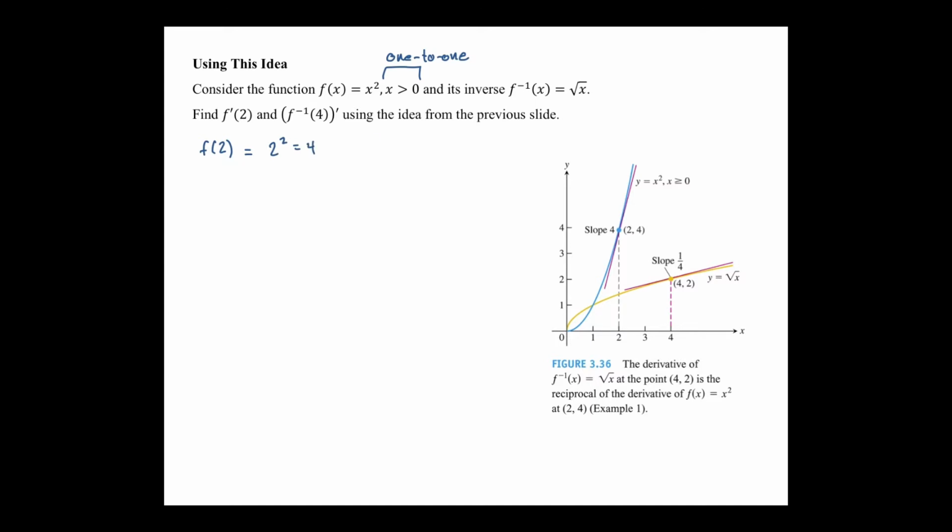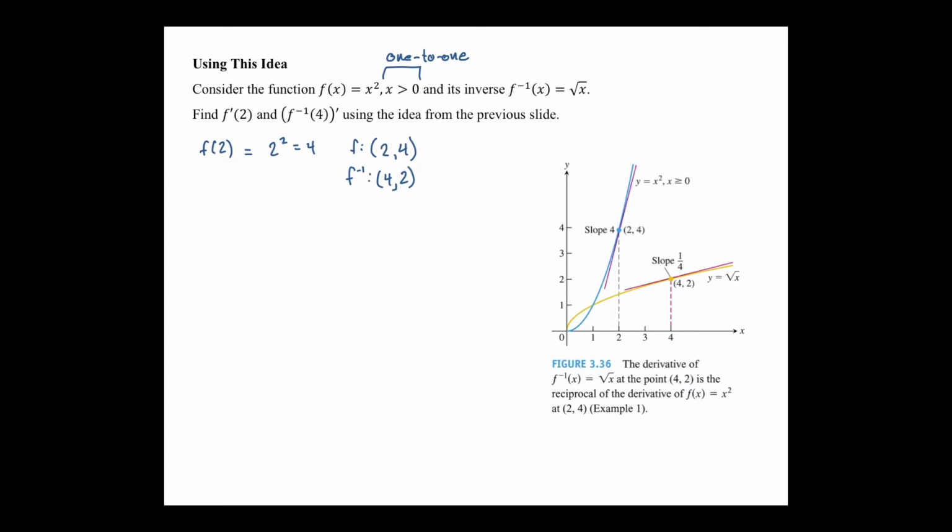So the ordered pair we're looking at, the (a, b), is going to be (2, 4) if we're looking at f, or if we're looking at f inverse, the point is switched. So f inverse of 4 is 2.